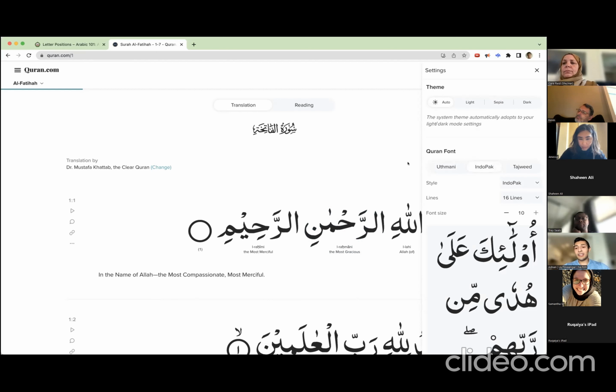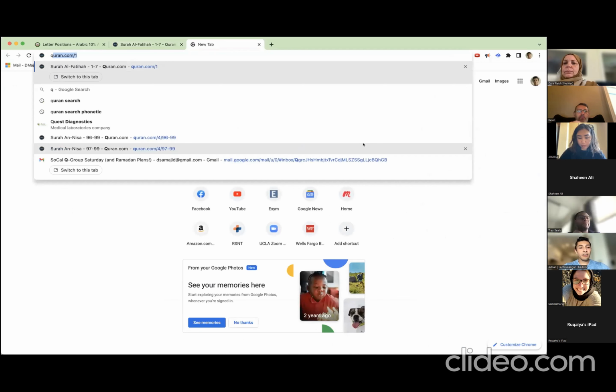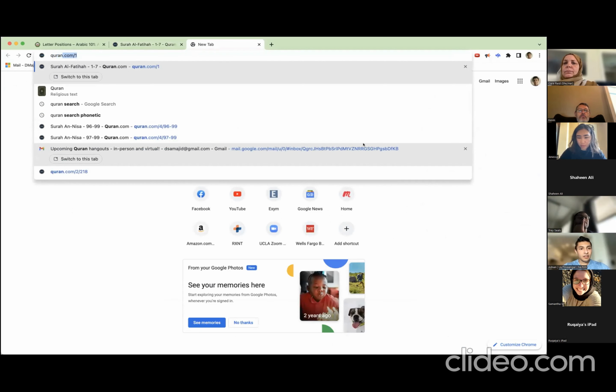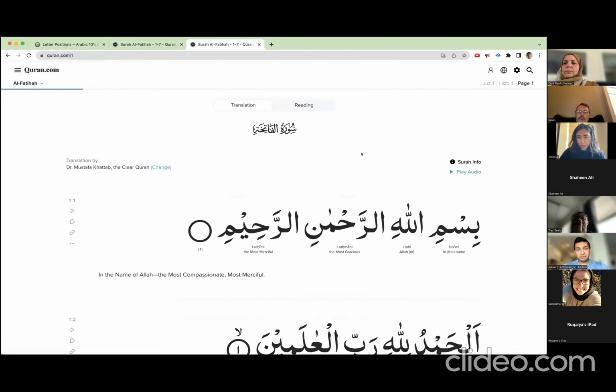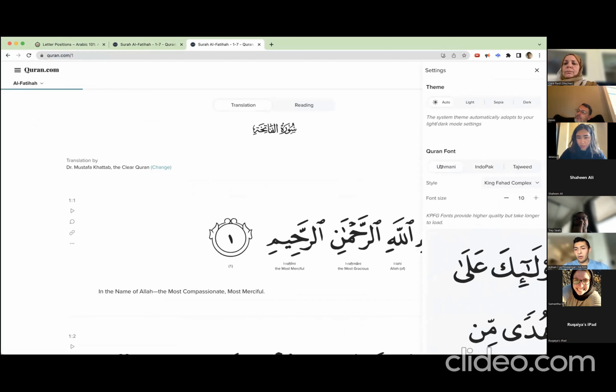So what we'll do in this session is that we'll focus starting with the Indo-Pak convention. But what I'll do also is open another Quran.com tab, and I'll put that on the Uthmani style, so that when we go through a word, if there are any differences in the convention, we can flip back to it and see where the differences are.